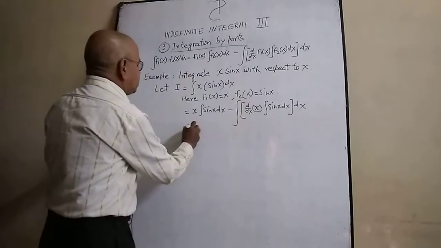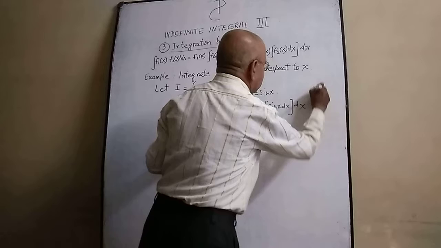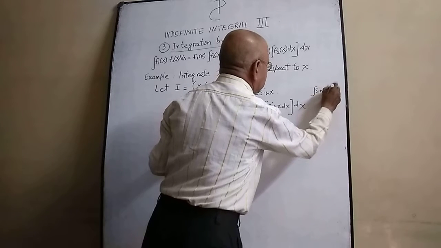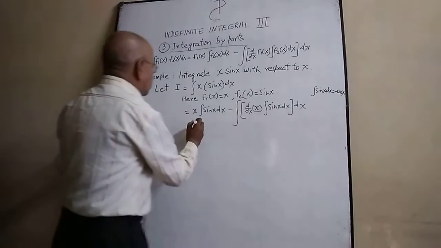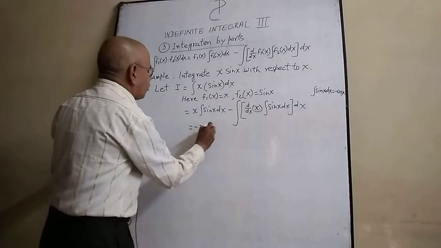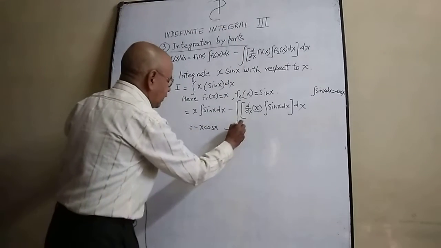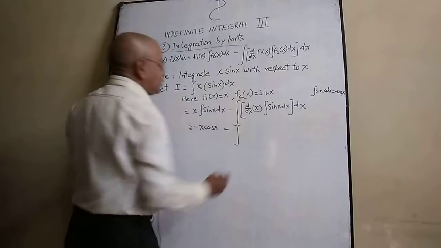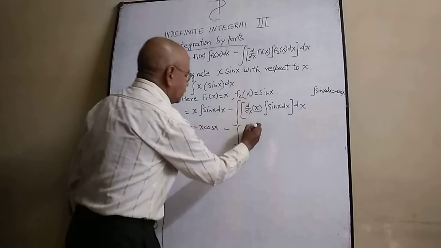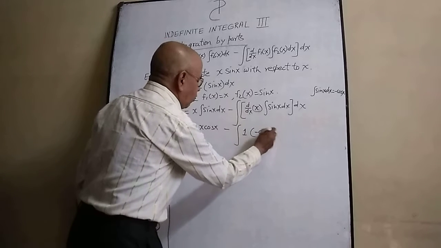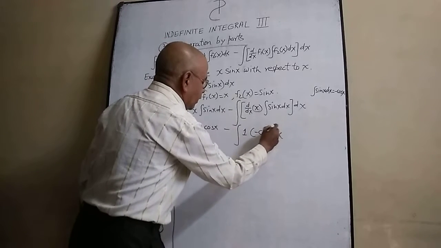This is equal to, as we know, the integration of sin x dx is equal to minus cos x, therefore minus x cos x minus the integration of d by dx of x, which is always equal to 1, and this is minus cos x dx.